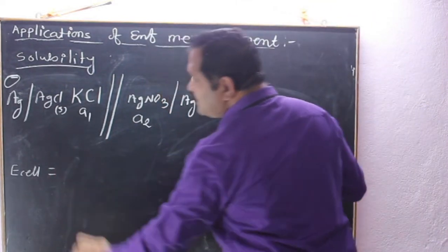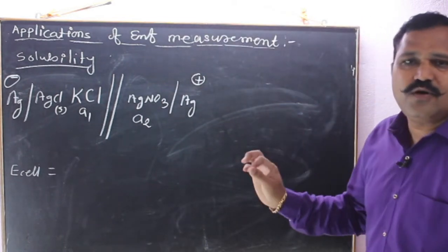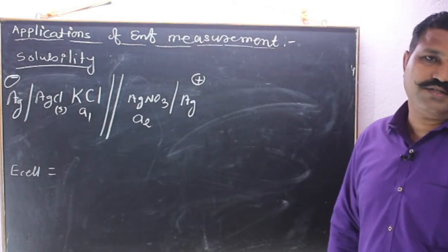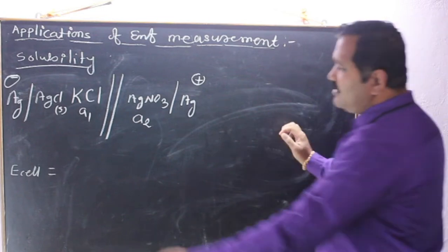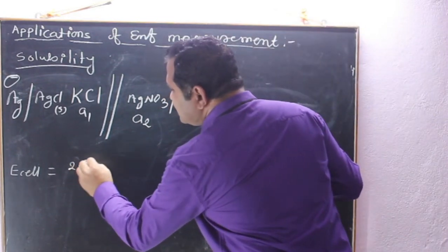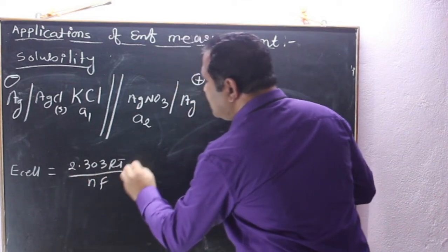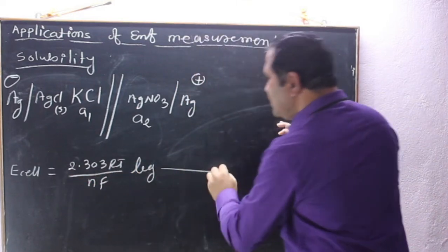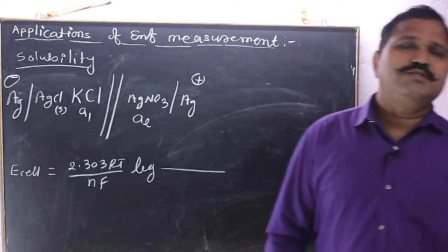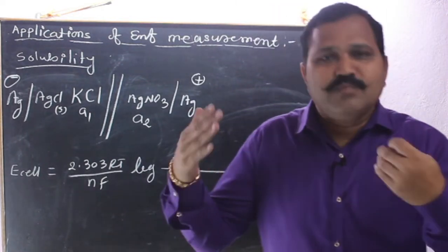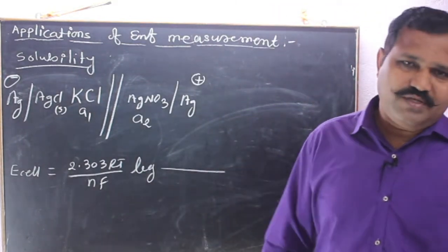You know the equation for electrolyte concentration cell. 2.303 RT upon NF log of activity of Ag plus. In both sides we have Ag plus ions.